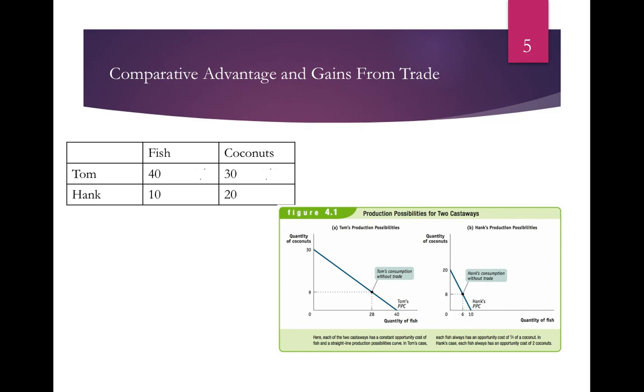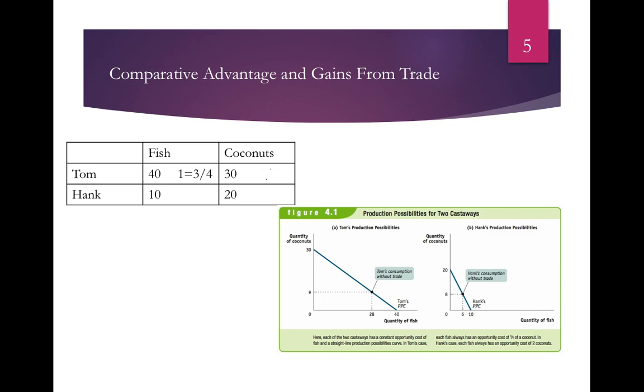Okay, so what we want to do, because this is an output problem, is other goes over. Okay, so if we want to know how many coconuts Tom must give up by catching one fish, we're talking about fish, and we're asking about coconuts. So other goes over. Okay, and so you'll take the 30 over the 40.